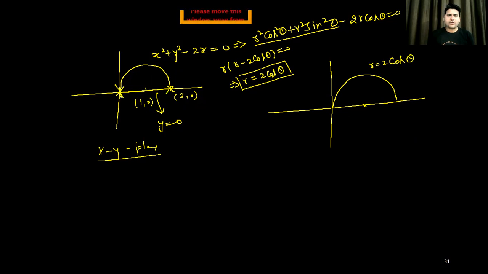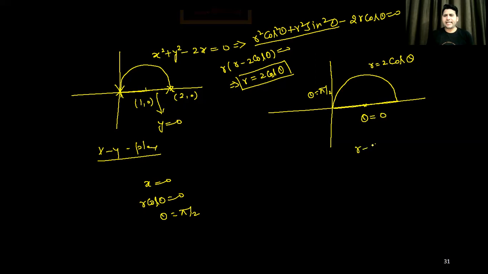This is x equal to 0, and x equal to 0 means r cos theta equals 0. That is, theta equals how much? Pi by 2. So this line will be theta equals pi by 2. y equal to 0 means theta equals 0. This is the region in the r theta plane, students.